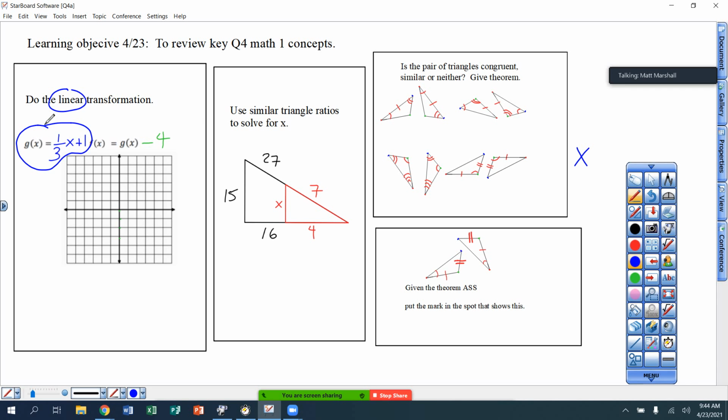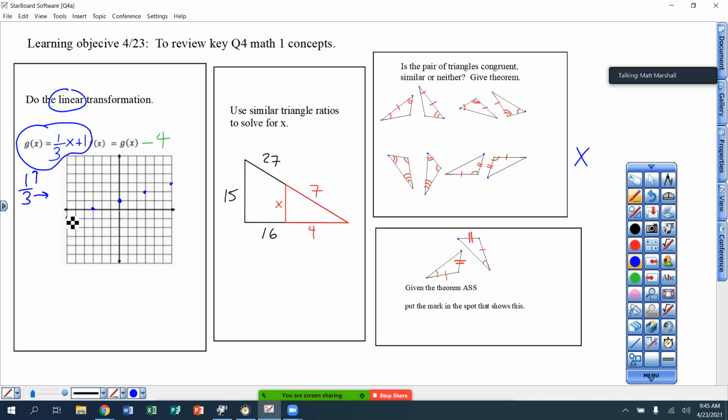You start at 1 on the y-axis, this plain number right there. And then from there, because that rate of change is already a fraction, you don't have to put it over 1. It's a fraction already. That gives you the run and rise already. From that point, right 3, up 1. Right 3, up 1. Stair step the opposite way: down 1, left 3, or left 3, down 1.